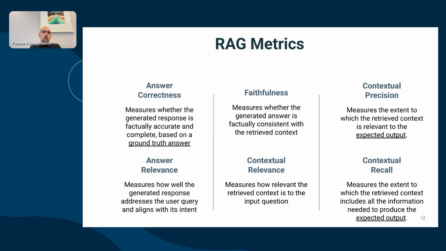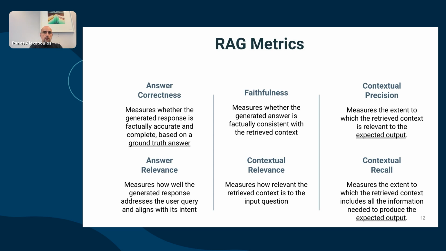First metric is called answer correctness. This is an end-to-end metric that practically measures whether the generated response to the question is factually accurate and complete with respect to a ground truth answer. So in order to calculate this metric, we need to have for a given question its ideal ground truth answer, and then we take the actual answer that the system gives us and compare it to the ground truth answer, right?